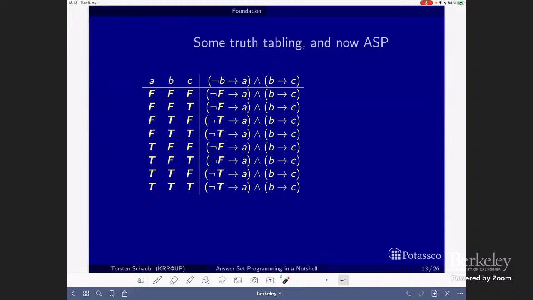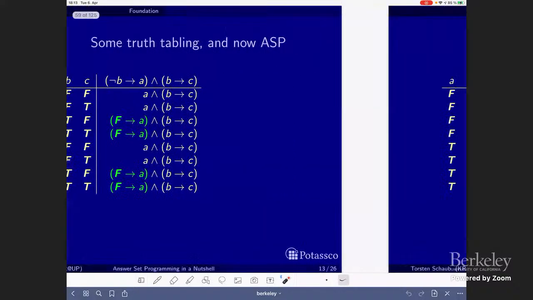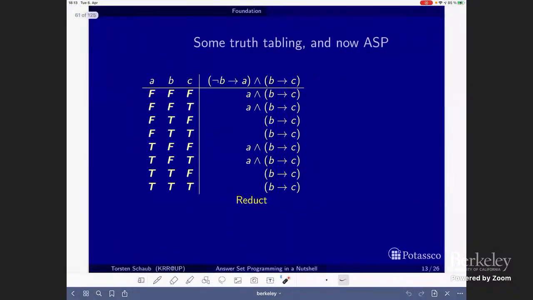One has to do a bit more effort in the general case. So only B is replaced. And then you just evaluate, you simplify until you end up with what is called the reduct. And these are just definite clauses, or clauses that do not contain any negation anymore.